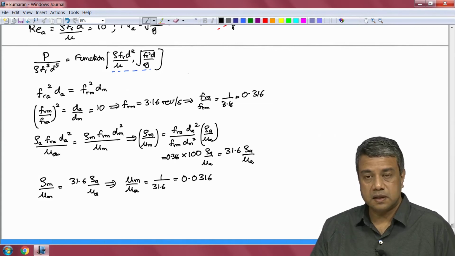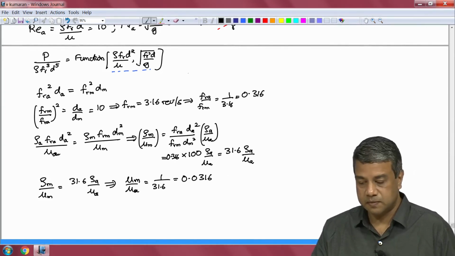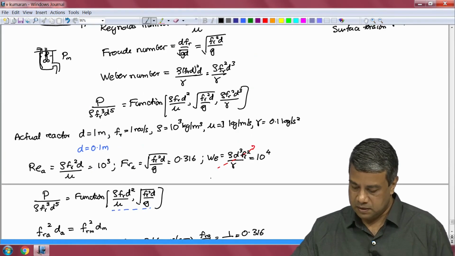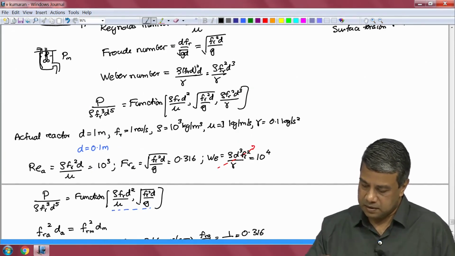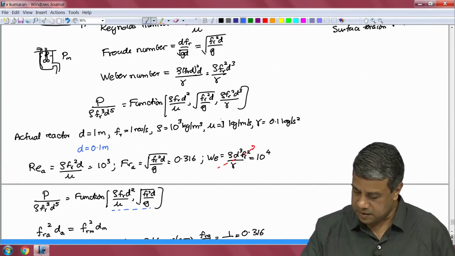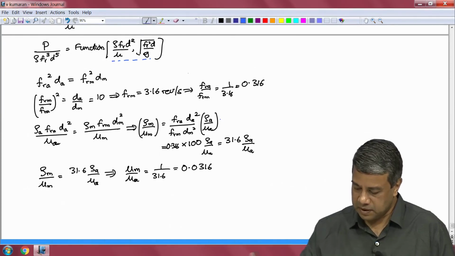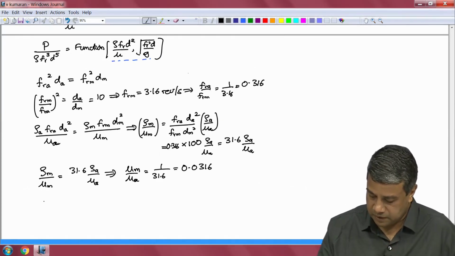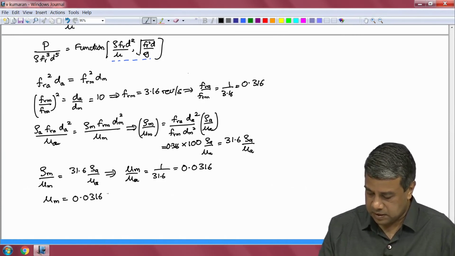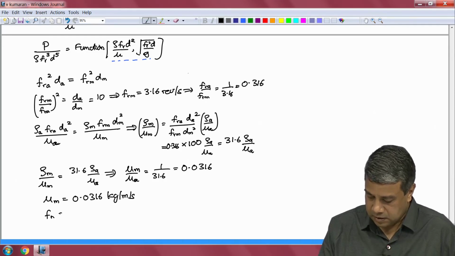We know that the viscosity of the actual reactor was 1 kg per meter per second, which means that the viscosity of the fluid that is used in the model reactor has to be 0.0316 kg per meter per second, and the rotation rate is equal to 3.16 revolutions per second.